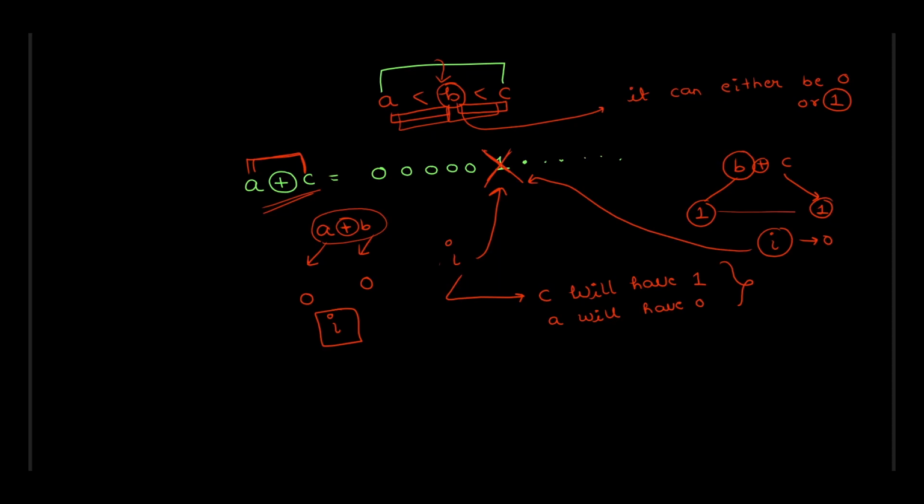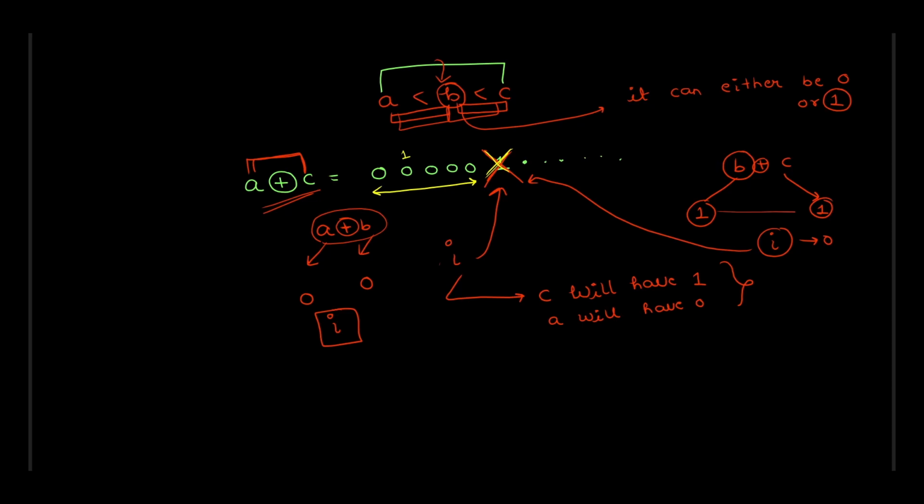And in case it was not clear to you why we are only focusing on the bit at position I, and why we do not care about the bits on the left hand side, like why can't they increase? If you switch to A XOR B, or to B XOR C, is there not a possibility that these unset bits could become 1 and then this number itself becomes bigger?